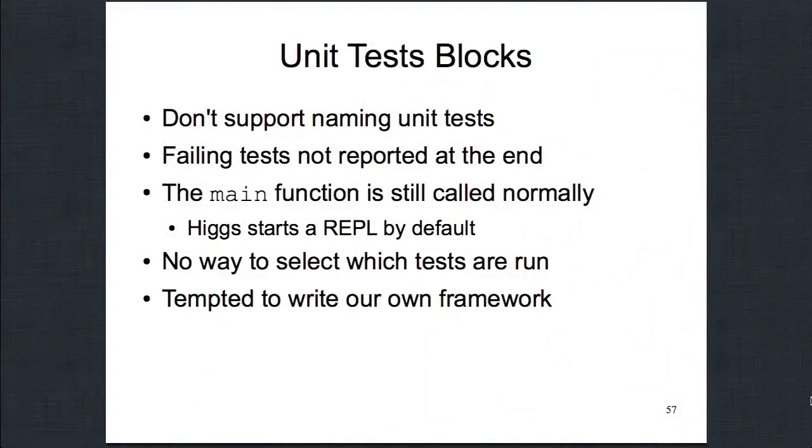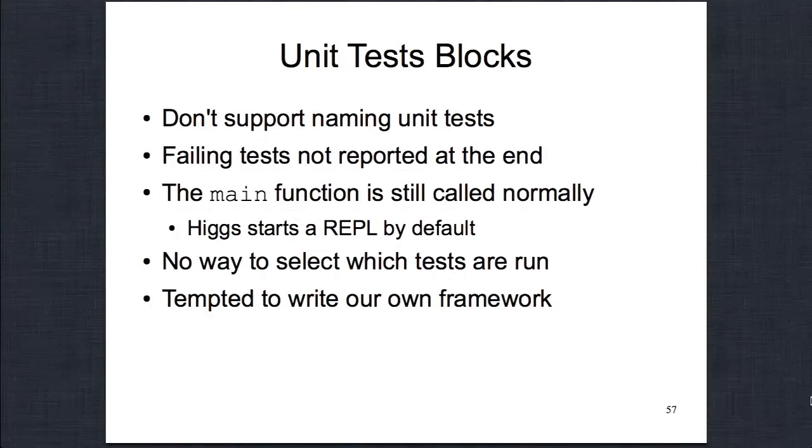Another issue that I had was with unit test blocks. I used a lot of them to test my compiler, but I kind of wish that I could name my unit tests. I kind of wish that unit testing reported failing tests at the end. Also had a minor issue because Higgs, when you start it with no arguments, it will go into a read eval print loop. But this is not really the behavior I want.